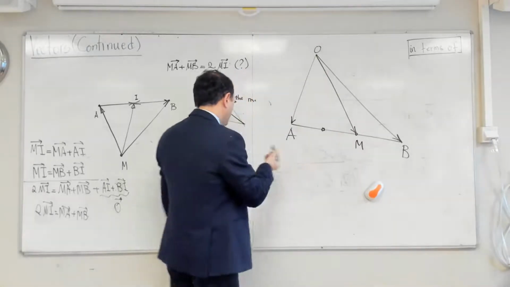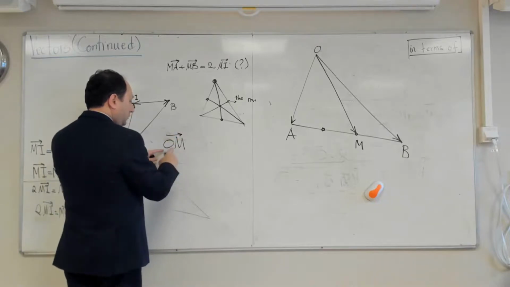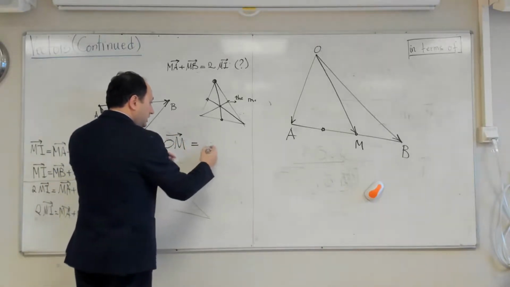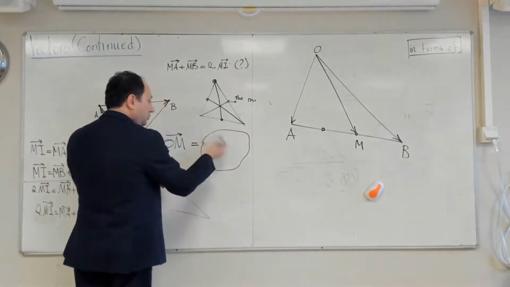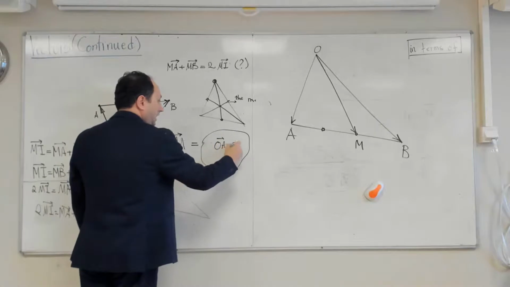So you need to write a formula for me in which OM lies on the left-hand side equals to something here which have these vectors inside, OA and OB.